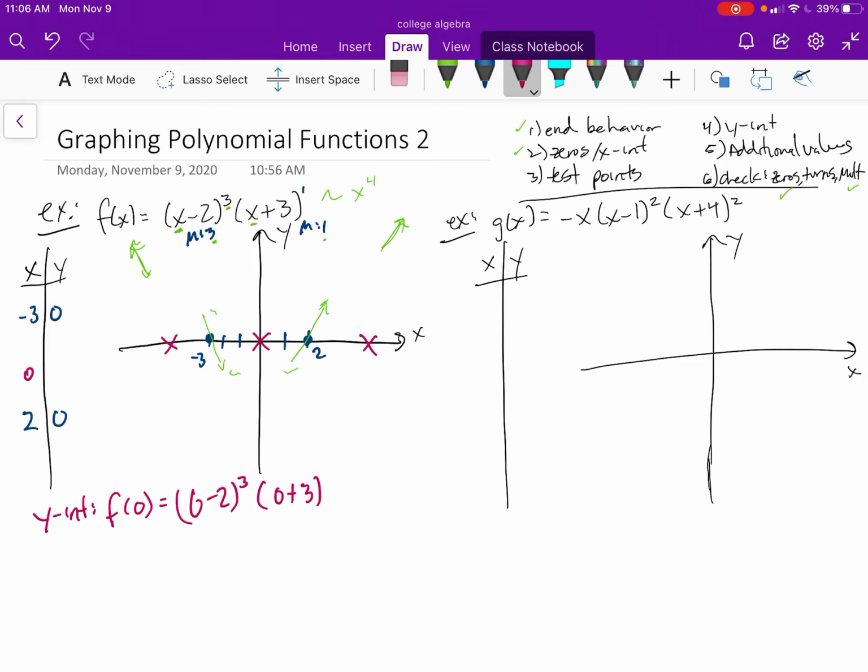So negative 2 to the third is negative 8 multiplied by 3 is negative 24. So my y-intercept, we don't have to scale the axes the same, right? And the x, I was counting by ones. Here I can maybe count by tens, negative 20 right here, so negative 24. Again, it's a rough sketch, right? Something right there.